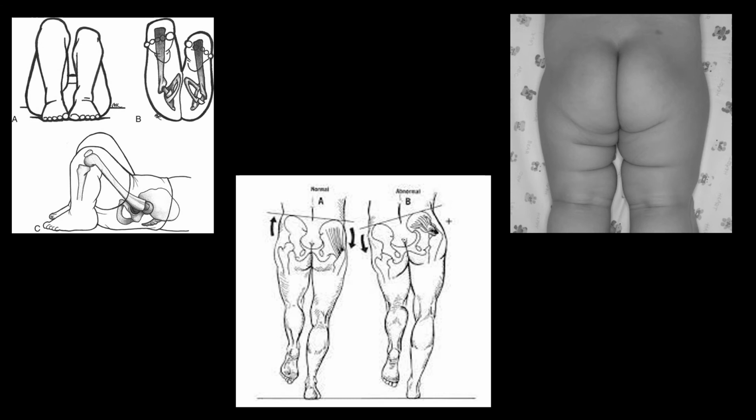This middle picture here is the Trendelenburg test. If you see here on the left of the picture, it's normal. When the leg is lifted up, the pelvis should pretty much remain in line. But in a positive Trendelenburg, when one leg is lifted up, the opposite hip will pop out of place. And then here's just an example for asymmetric gluteal folds or leg folds.